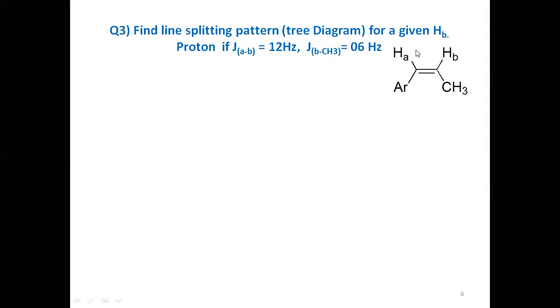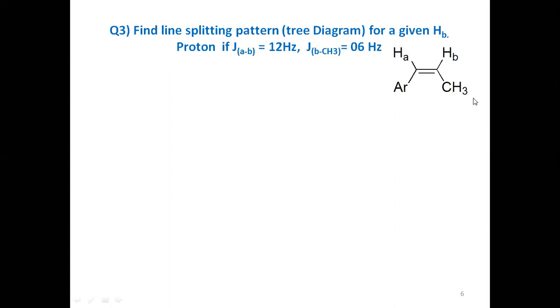So HB coupled with HA gives a doublet, and HB coupled with this CH3 gives, singlet? No, it is not singlet. It is a quartet. So HB gives a doublet of quartet here. Am I correct?